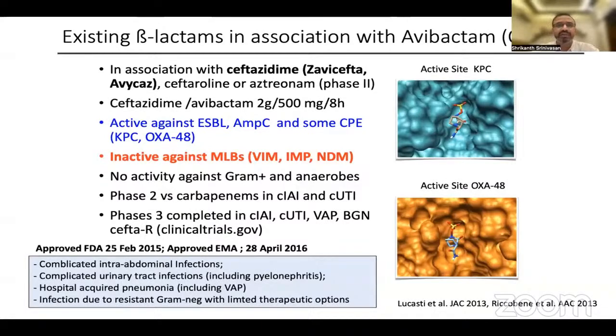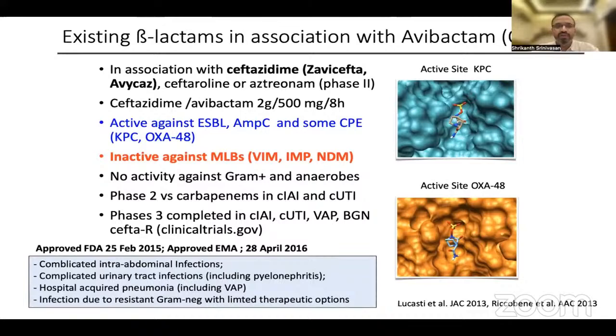It's active against ESBL, AmpC, and some carbapenemase producing Enterobacteriaceae, KPC and OXA. But the problem is it is not active against metallo-beta-lactamases, that is class B. So NDM strains, which are predominant in India, VIM, IMP, will not respond; ceftazidime-avibactam, or any combination with avibactam, will not work. It does not have any activity against gram-positives or anaerobes.